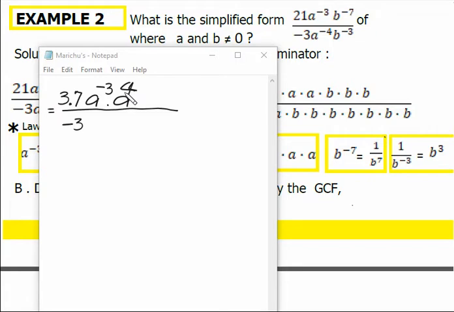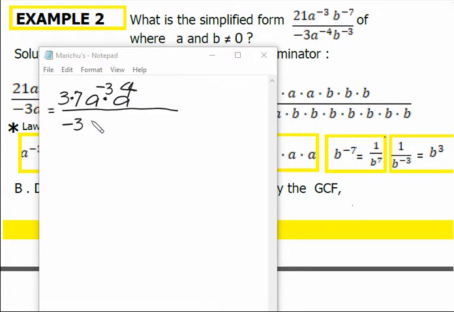It becomes positive. A raised to 4 is already in the numerator and the exponent becomes positive. Now, let us see.